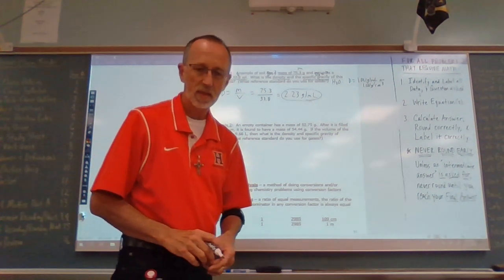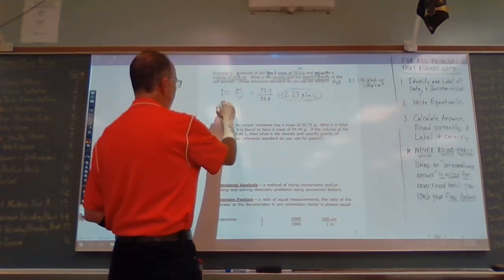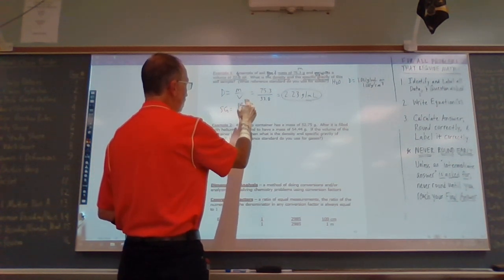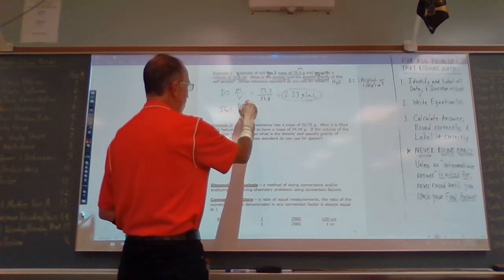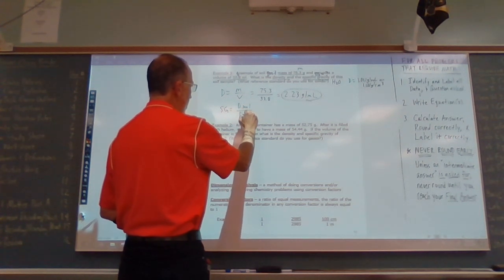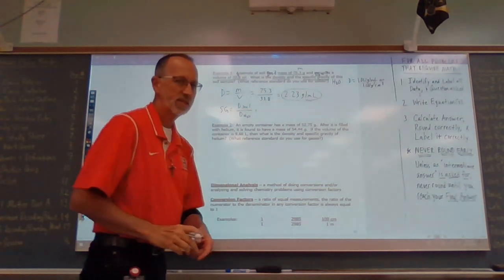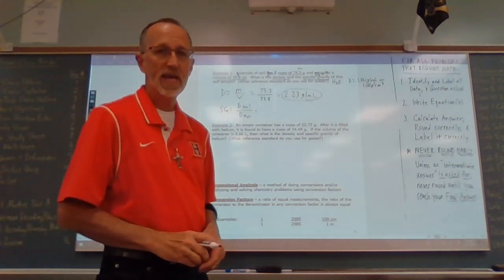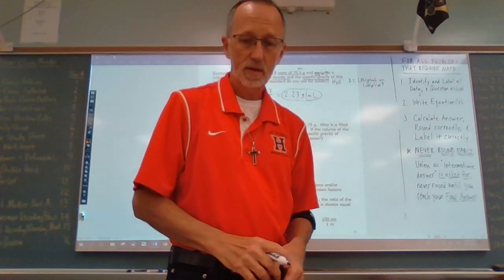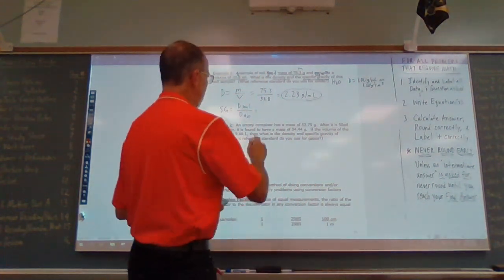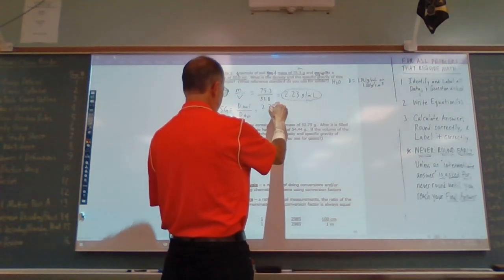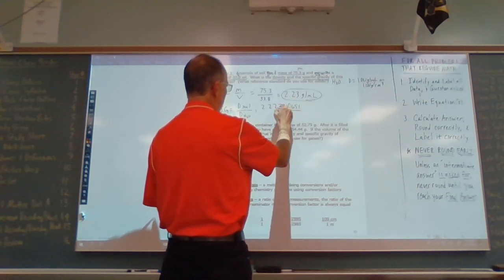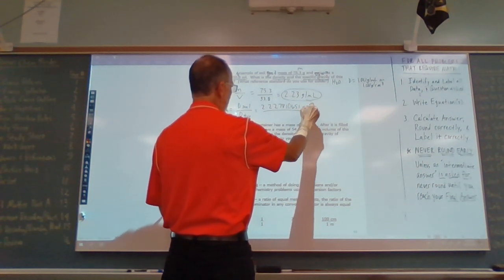Now, specific gravity is equal to the density of our substance, which in this case is soil, over the density of water, which is our standard. So the density here is 2.23. That was the rounded answer. Remember, again, the long answer was 2.227810651 grams per mL.